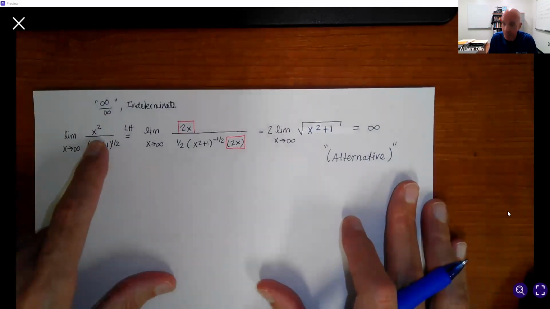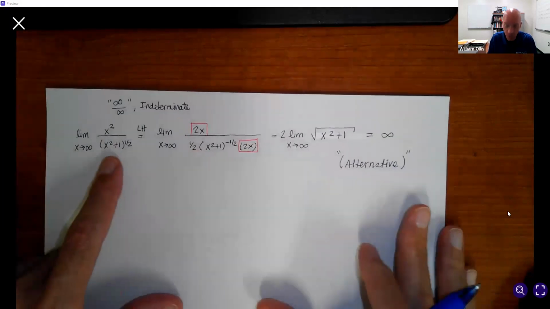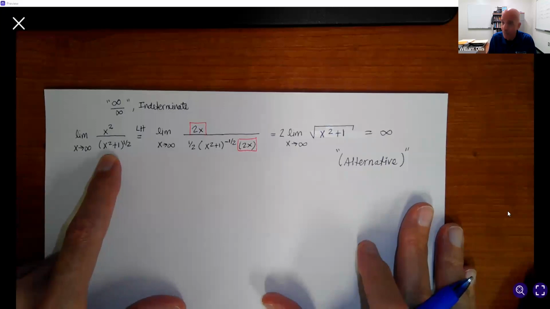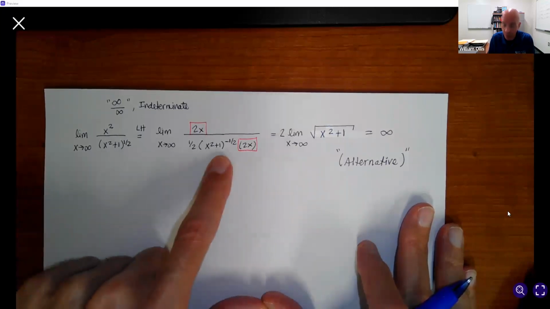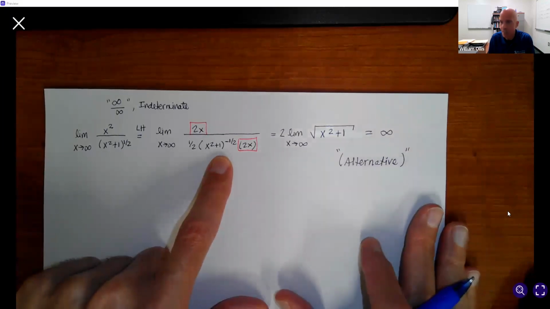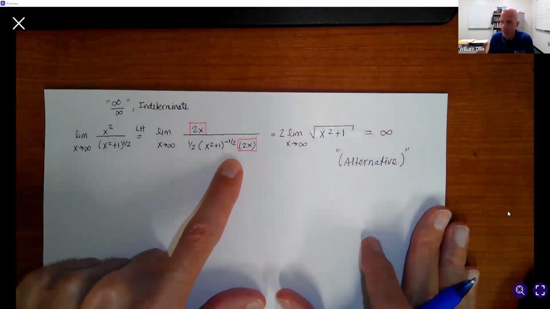And so now when we take the derivative of x squared, we get 2x. And then, of course, if we look at the denominator, we apply the chain rule. So we just have 1/2 times x squared plus 1 to the negative 1/2. This is really easy. We did some really difficult derivatives and optimization problems in Cal 1 that really taxed us.